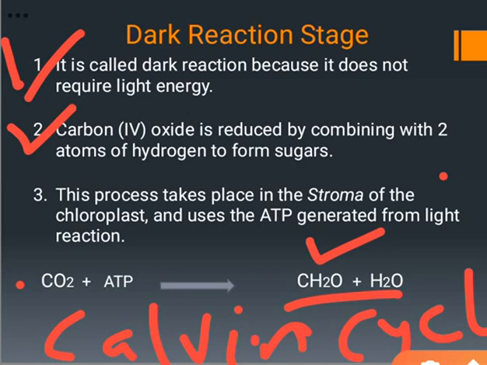In carbohydrates, one atom of carbon combines with two atoms of hydrogen and one atom of oxygen. So when you have one carbon atom, you have two hydrogen atoms and one oxygen atom.